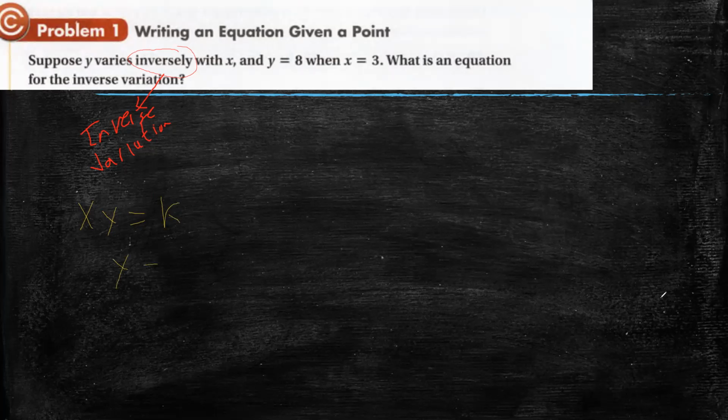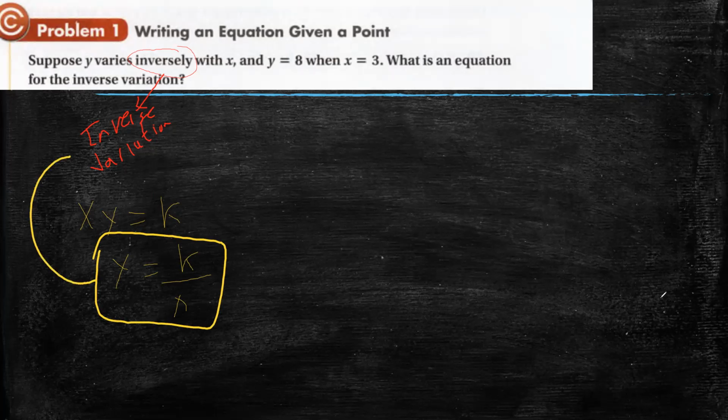So y will be k over x. This is for the inverse. Y is k over x. Now, this is the equation of the inverse variation.